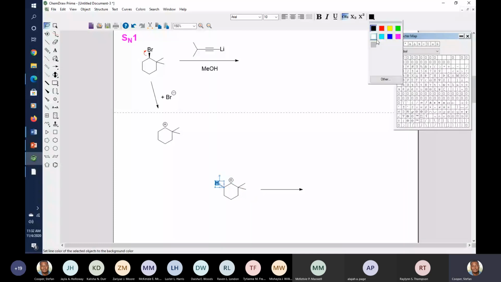A hydrogen, right? And on my right-hand side, does that carbon have any hydrogens? Yes. Check one more time. No.